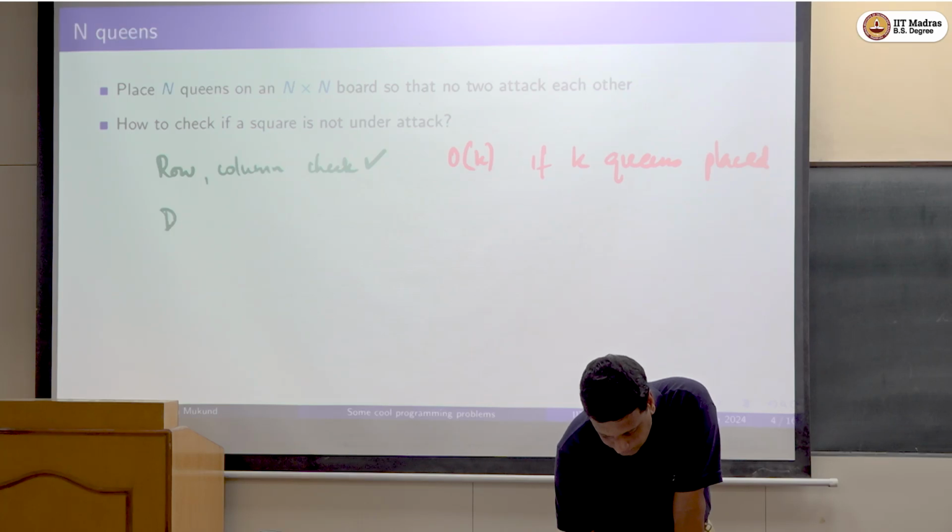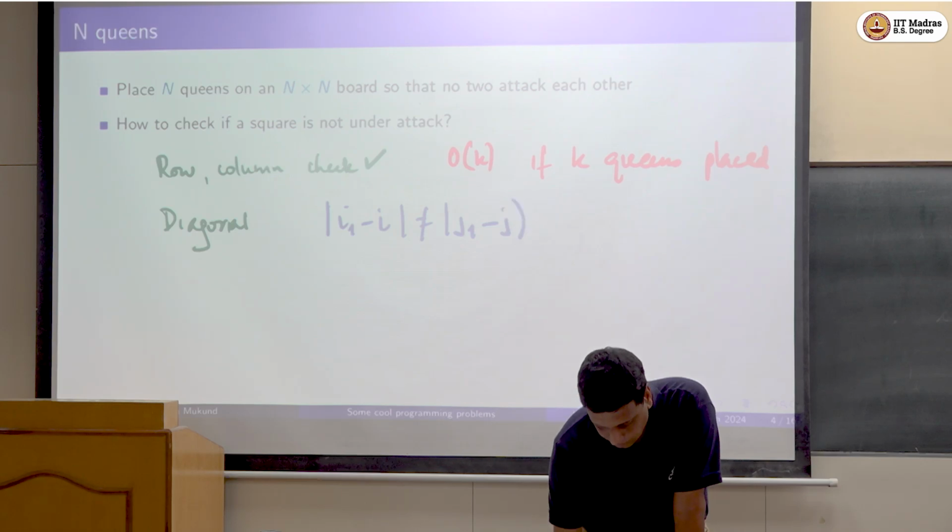So now what did you say? The absolute value of I1 minus I and J1 minus J should not be the same number, else they are on the same diagonal. Everybody agree with this?